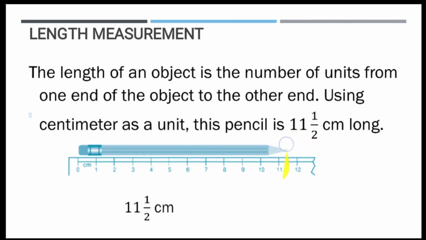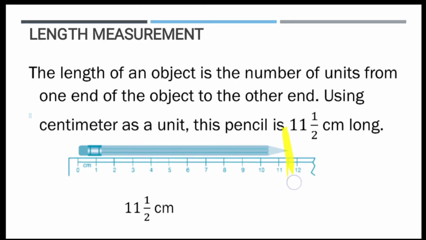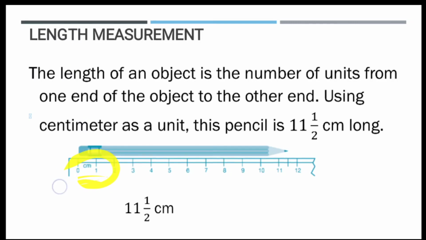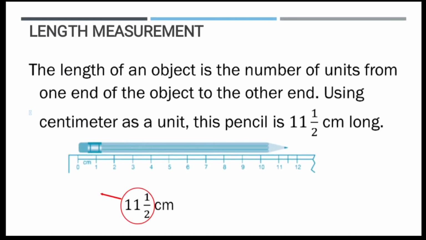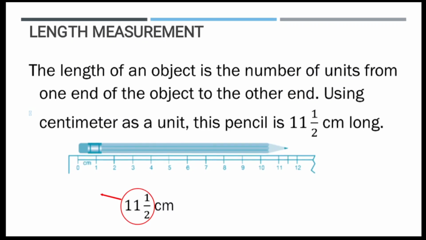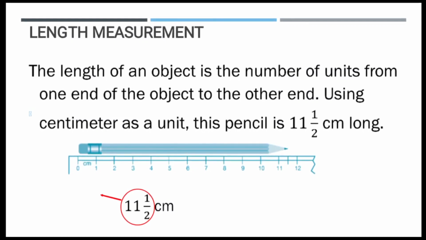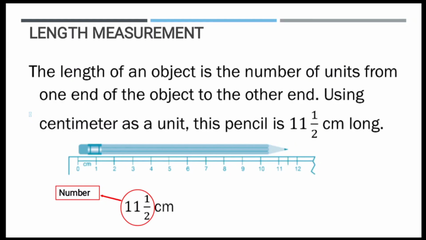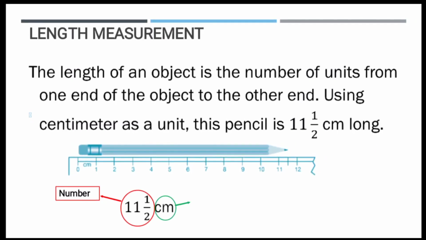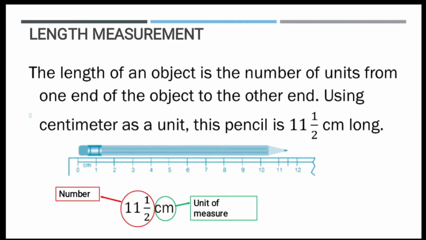The other end point of this pencil is between 11 and 12, so approximately 11.5, and the unit is centimeter. Why? Because we use a ruler with centimeter as unit. So our measurement is 11.5 centimeters. This 11.5 is the number, and cm or centimeter is the unit of measure.